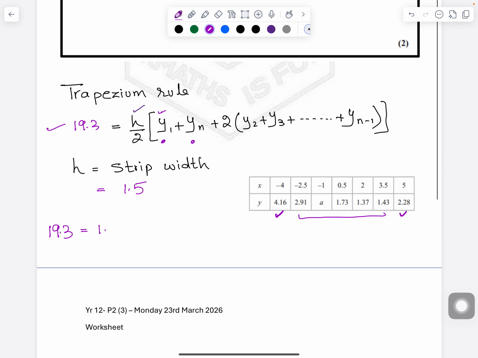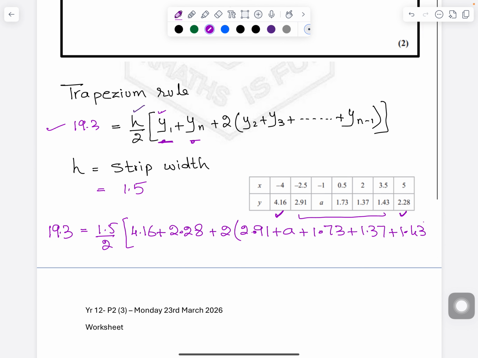So it is 1.5 divided by 2. y1 and yn are the first and last values of y, and the rest of the values I will add up and multiply by 2. I'm just picking up values from the table, and after that pick up the calculator. I will calculate with you.